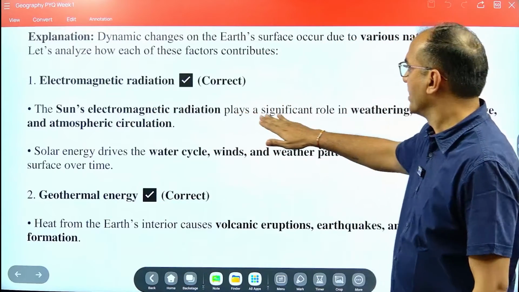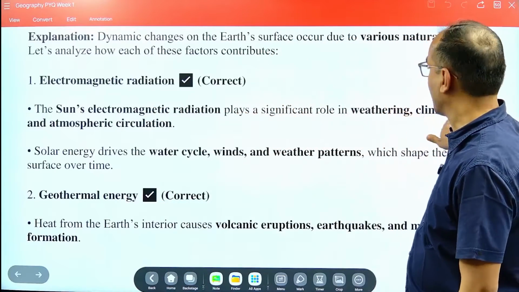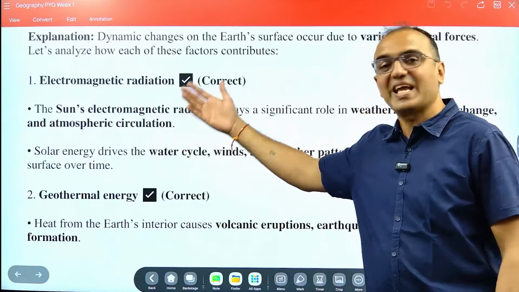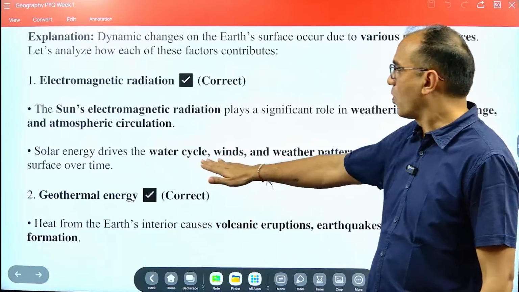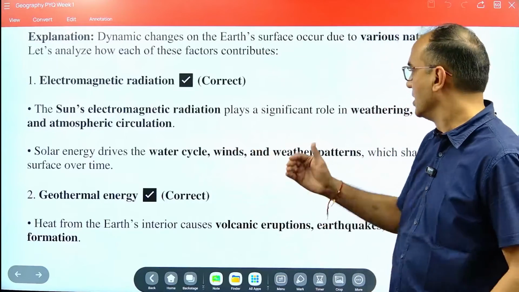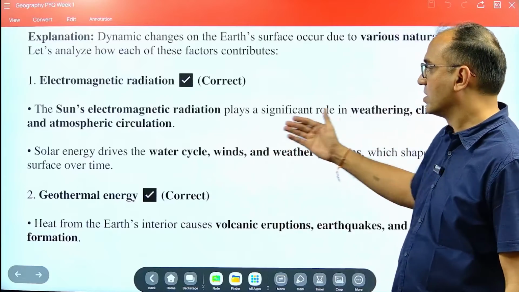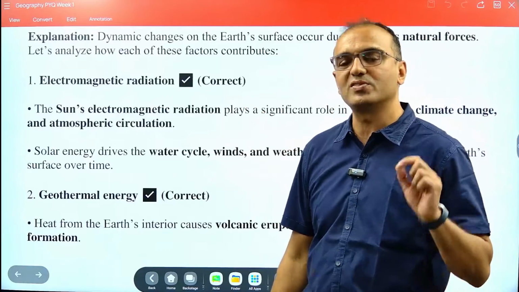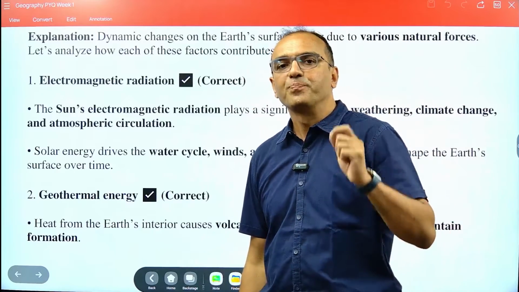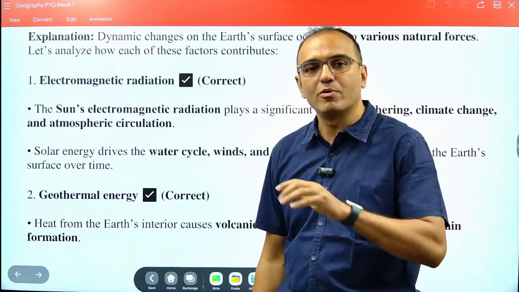So sun's electromagnetic radiation plays an important role in weathering, climate change, atmospheric circulation, right? So it drives, this solar energy drives water cycle, then a hydrological cycle, the winds through pressure changes, weather patterns which shape the earth's surface over time. That is why this electromagnetic radiation is an important factor bringing about dynamic changes in landforms over the surface of the earth.